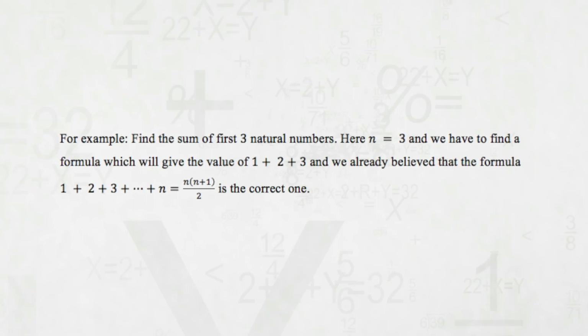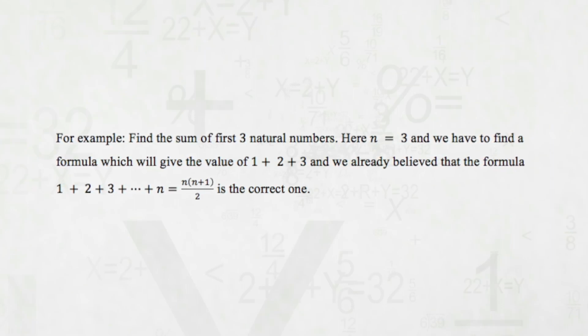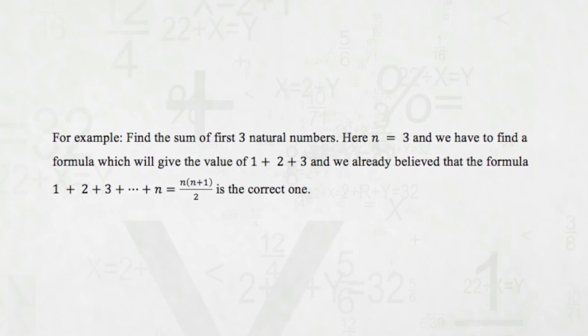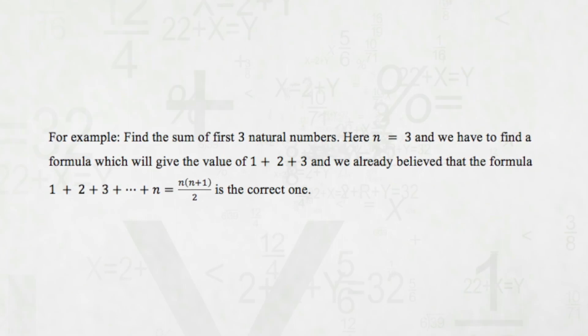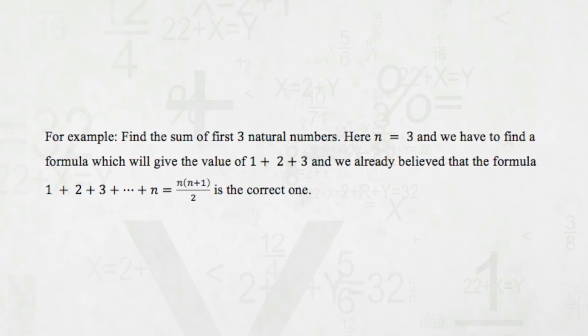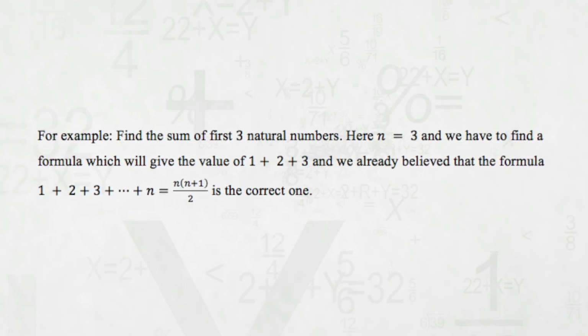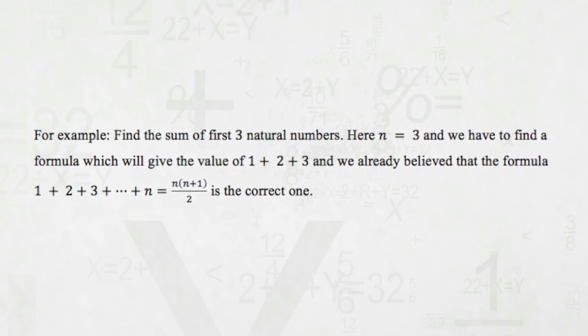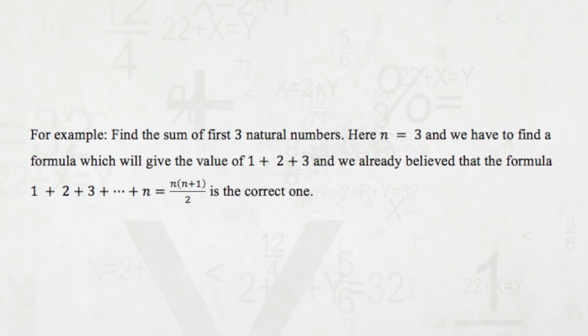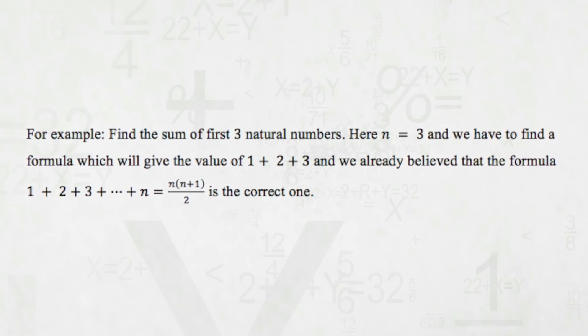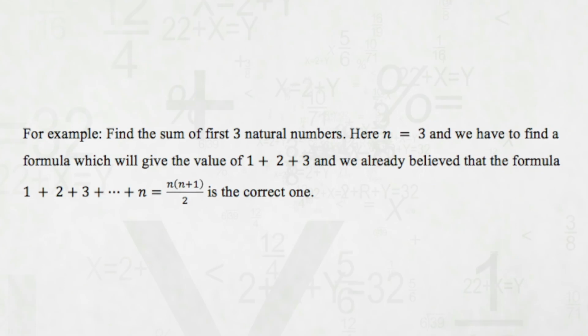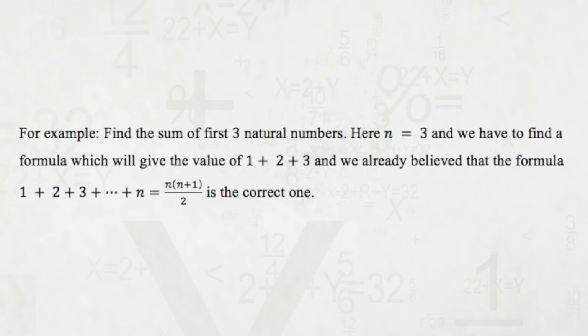For example, find the sum of the first 3 natural numbers. Here n is 3 and we have to find a formula which will give the value of 1 plus 2 plus 3, and we already believe that the formula 1 plus 2 plus 3 etc. plus n is equal to n multiplied by n plus 1 by 2 is the correct one.